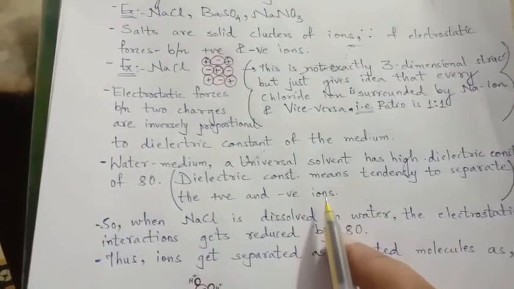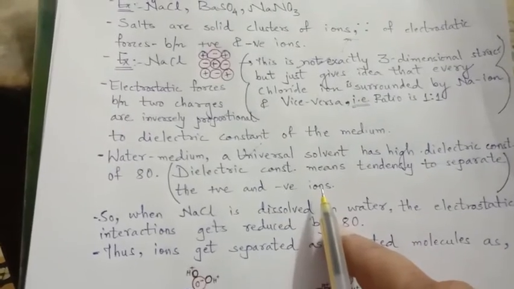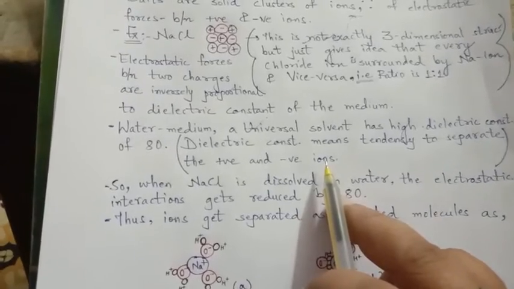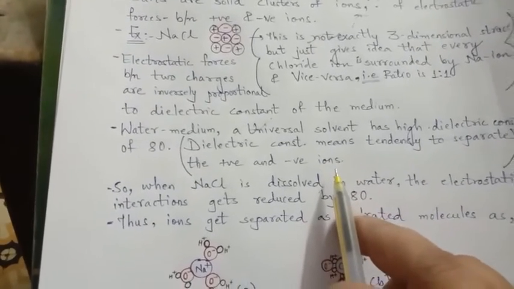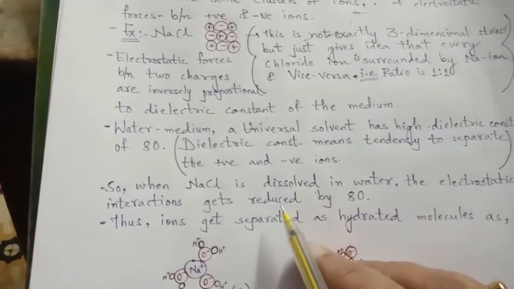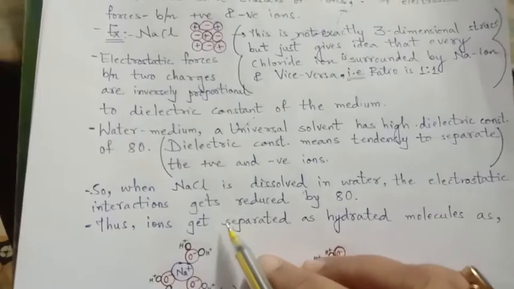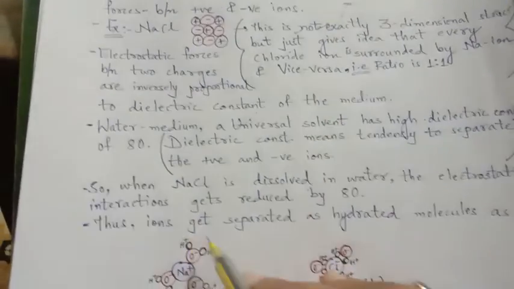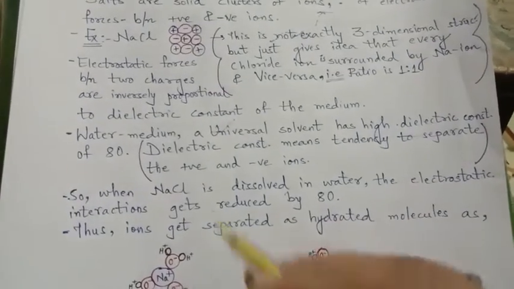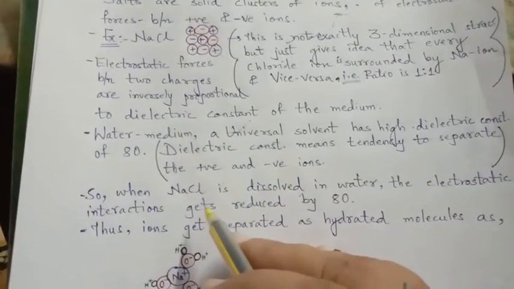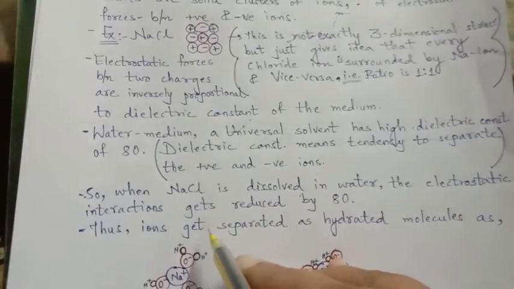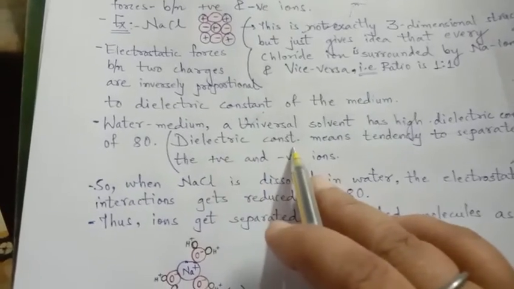When any salt is added to a solvent, whether water or organic solvent, dissolution takes place. Dissolution means the ions must separate, and only then will they dissolve. But for that, the solvent must have some dielectric property so that it can separate the positive and negative ions of the salt. The value of that separation is called the dielectric constant.